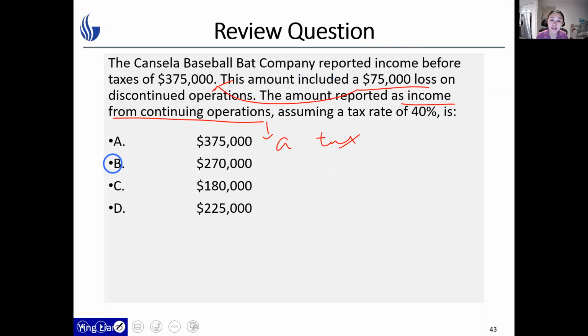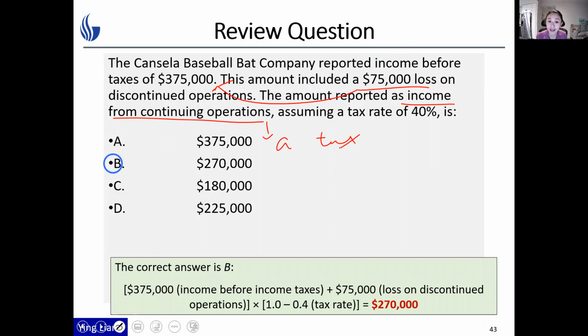Now, what is the correct answer? If you worked on it, the correct answer is B. And how do we come up with B? From this 375 and the 75, we can calculate the income from continuing operations before tax, right? Because this 375 is before tax. So one is positive 375 and the other is a negative loss, right?